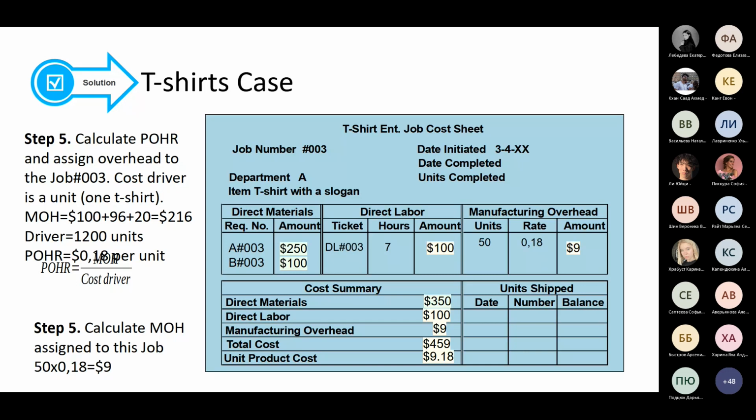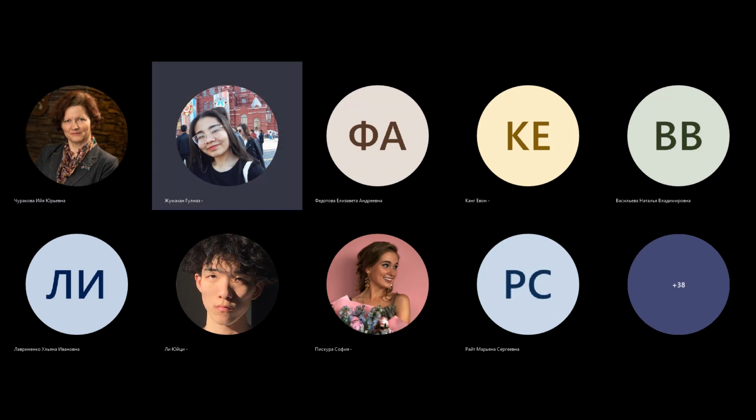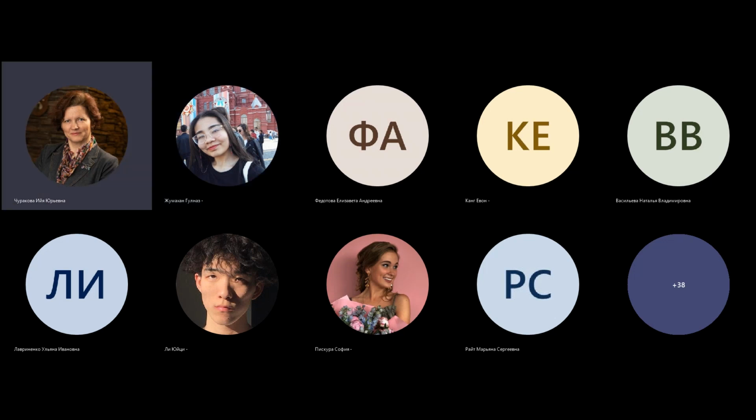Is it clear how this job order costing system works? Yes, it's clear. Good. So I think we can do this in a more detailed way during practical sessions.